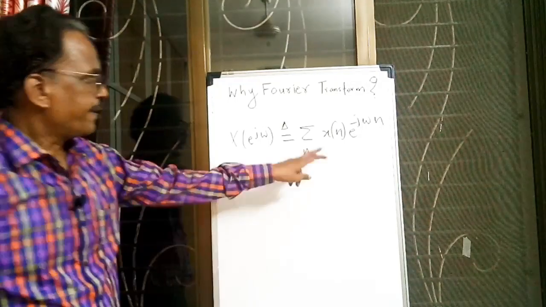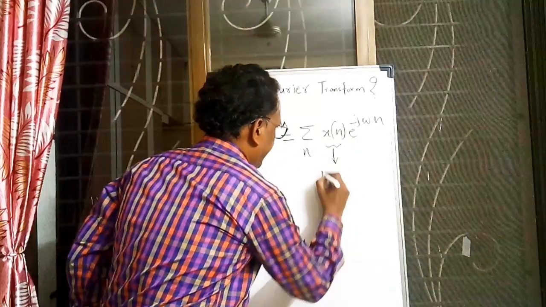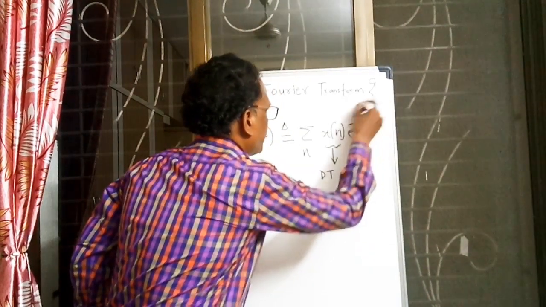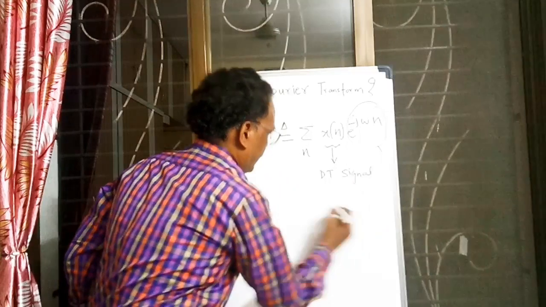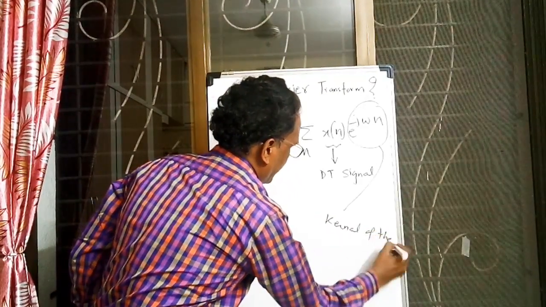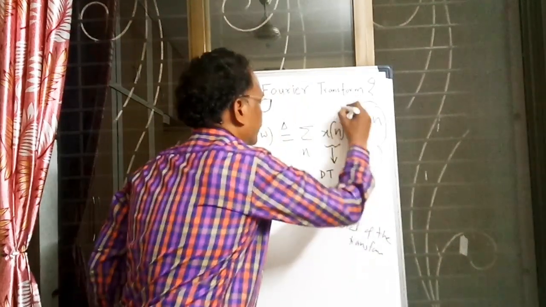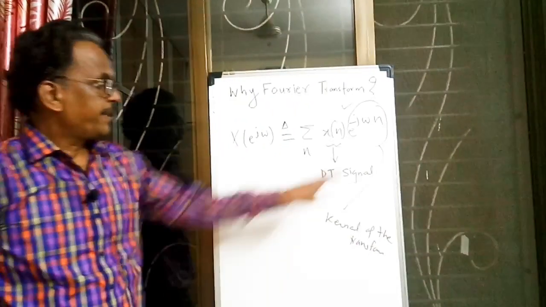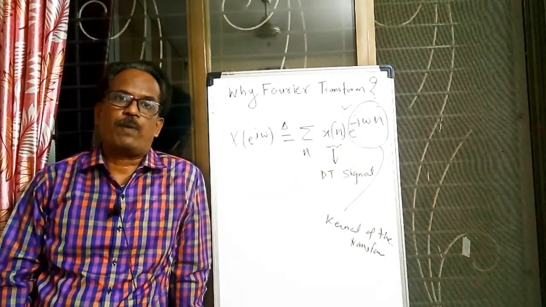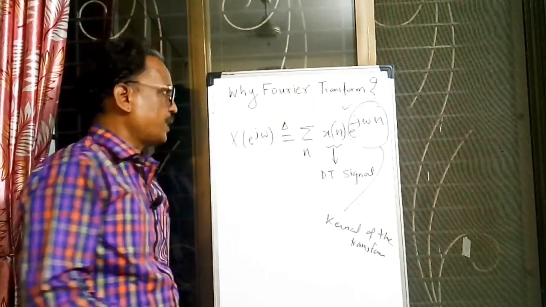Here x of n is a DT signal, and this part is called the kernel of the transform. This e to the power minus j omega n is called the kernel of the transform, which is a function characterizing the Fourier transform.